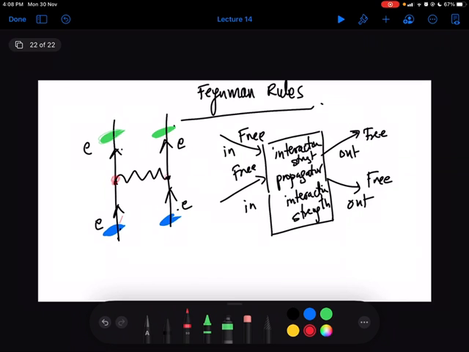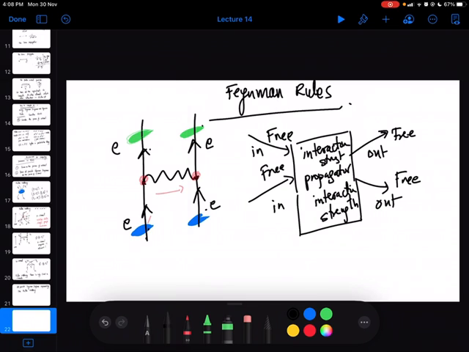Then there is a propagator, then an in-state and out-state current interacting again with a photon, and these two currents are multiplied by the propagator. That's it. This is as simple as writing the amplitude. Let's list out all the rules first, so that we can write down all these wave functions.